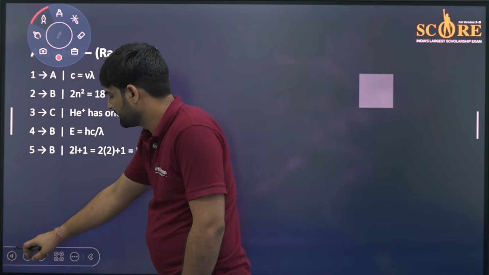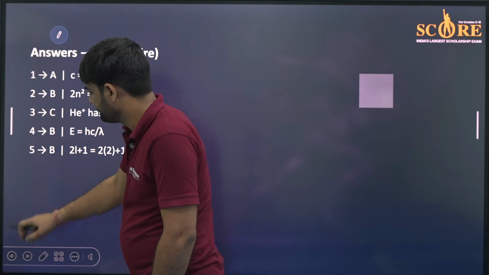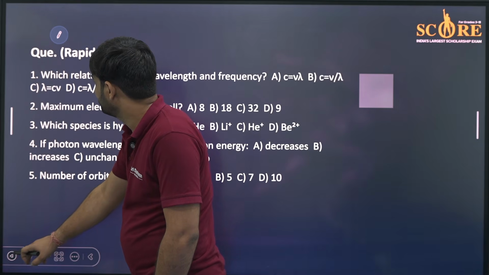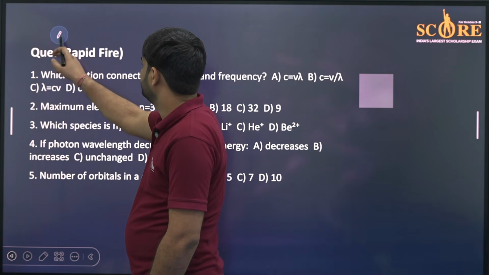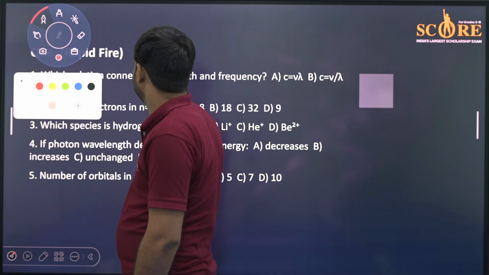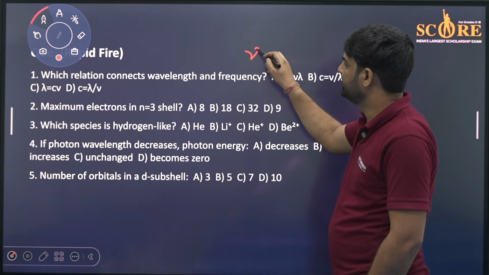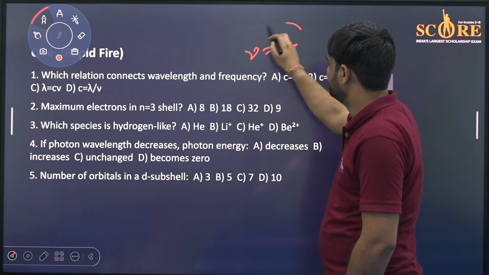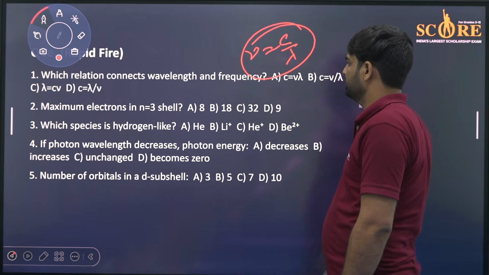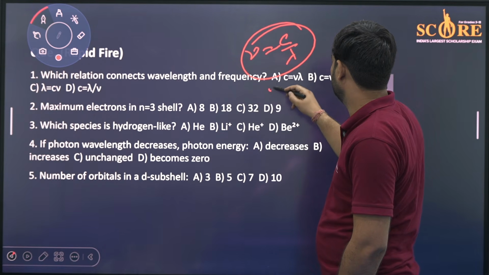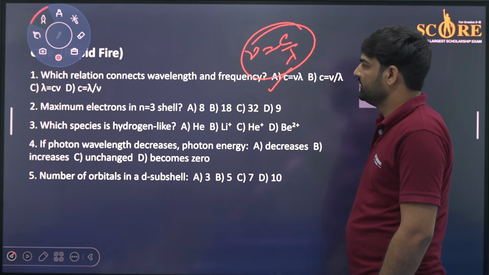Which relation is true according to wavelength and frequency? Then this is nu equals c by lambda. So you can say c equals nu lambda. This is correct.